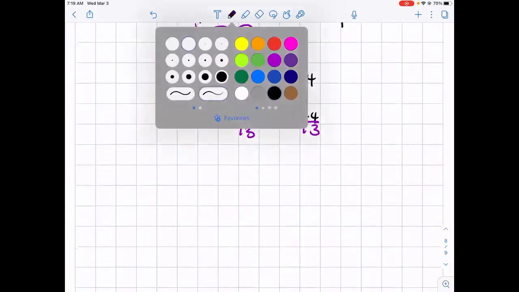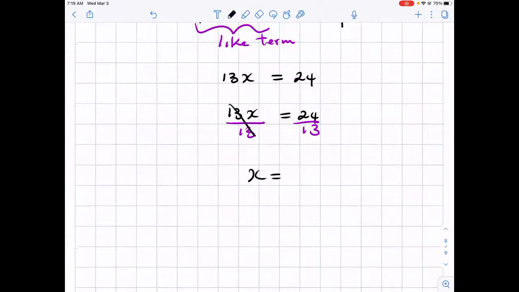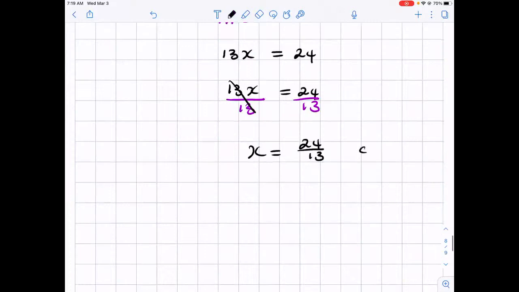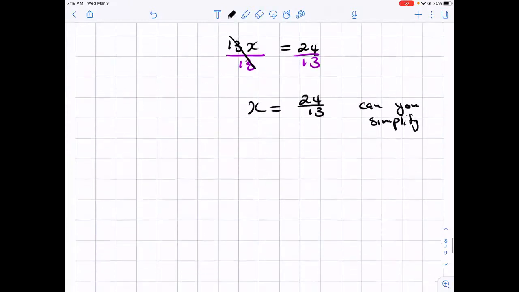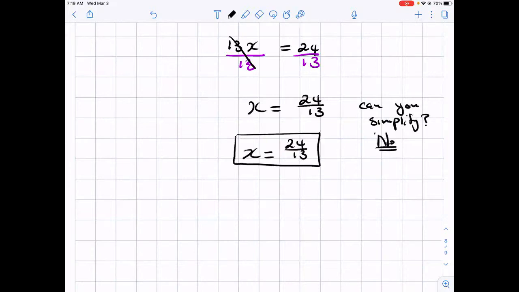And that will leave me with x is equal to 24 over 13. And you want to see, can you simplify it? Now, we don't care to write our answer as a mixed number, so the answer is no, we cannot simplify here. So we leave our answer as 24 over 13.